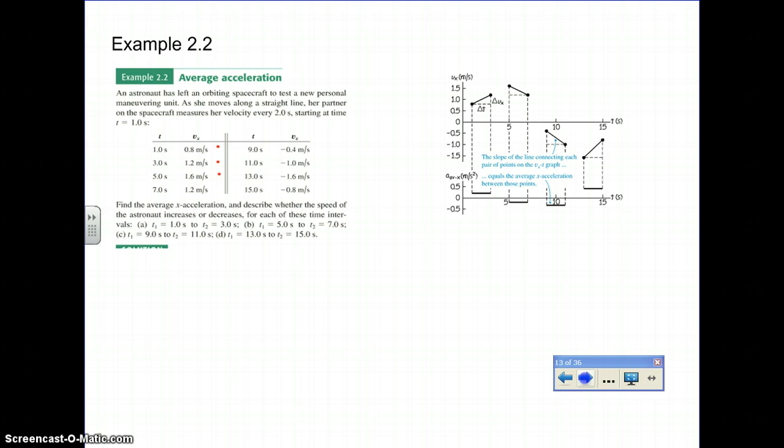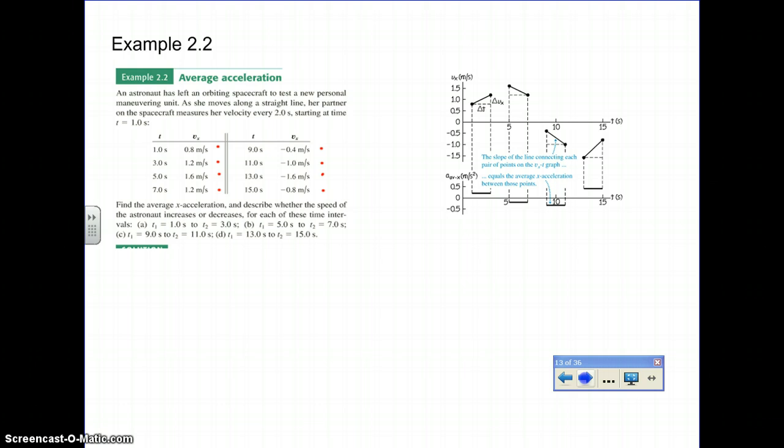So during these first 3 time data points, it's increasing by 0.4 meters per second, in a kind of constant way. Then it decreases.